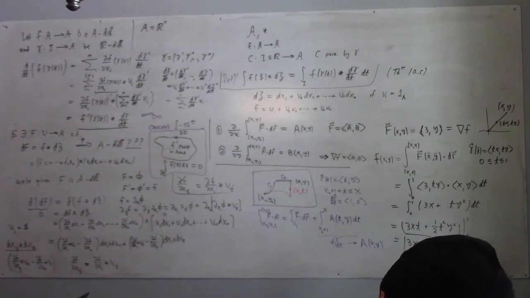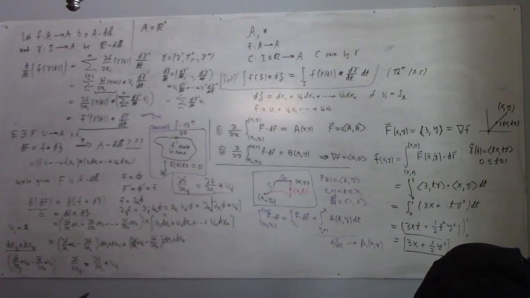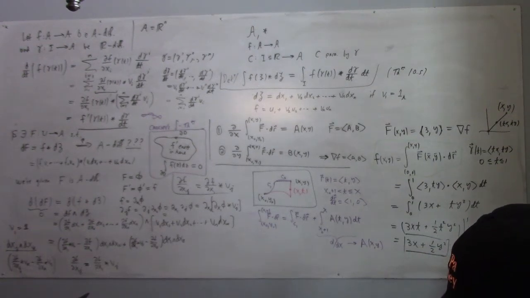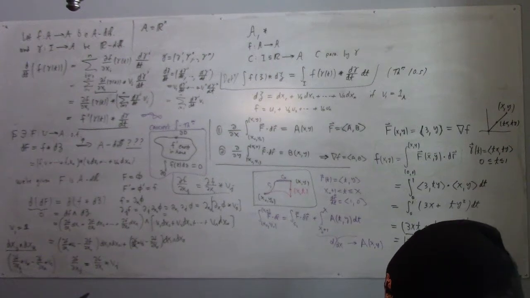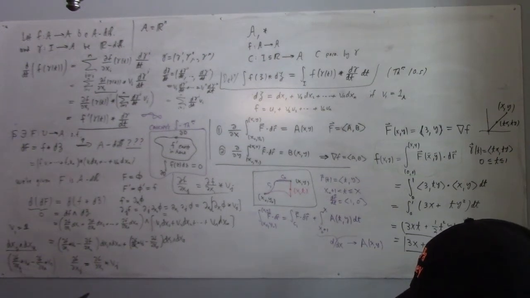Wait. Doesn't this go against the theorem that if big F prime of zeta is equal to little f of zeta for all zeta in the domain? The fundamental theorem. Well, it's saying, I mean, it's a little bit surprising.